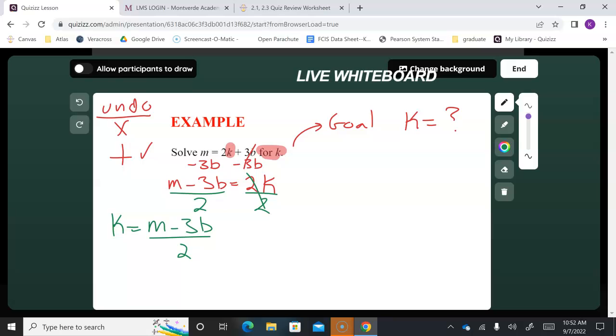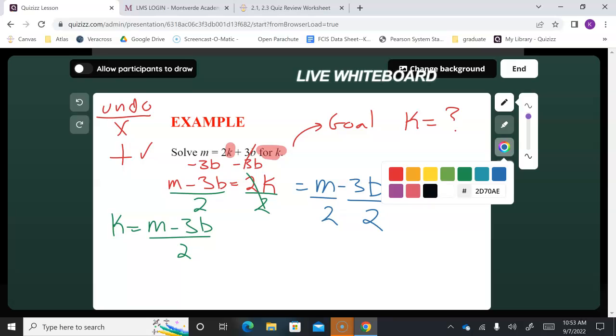Now, sometimes it's more useful to have it separated. Okay? So same process, m minus 3b. We're still dividing by 2, but instead of having one giant fraction bar, I'm going to have 2. Okay? Divide each term. When that is more relevant is if I have a coefficient that can simplify with what I'm dividing.